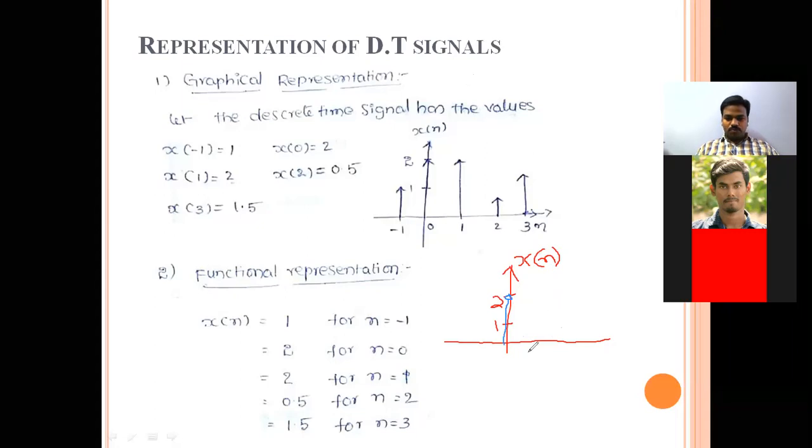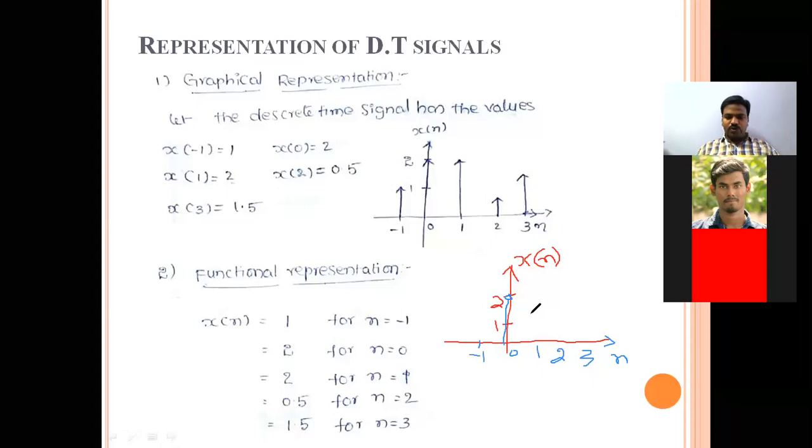This is 0, this is 1, this is 2, this is 3, and on the x-axis, I am considering n. Now I am going to represent the amplitudes at various instants of time. I am drawing the same signal x of n.